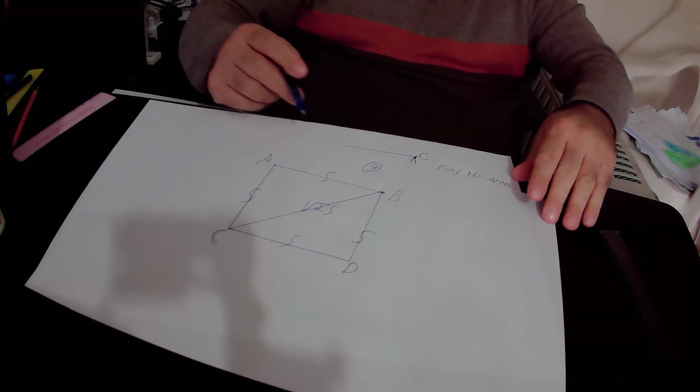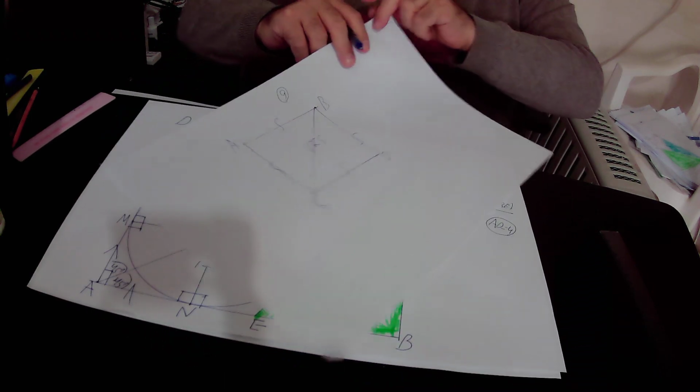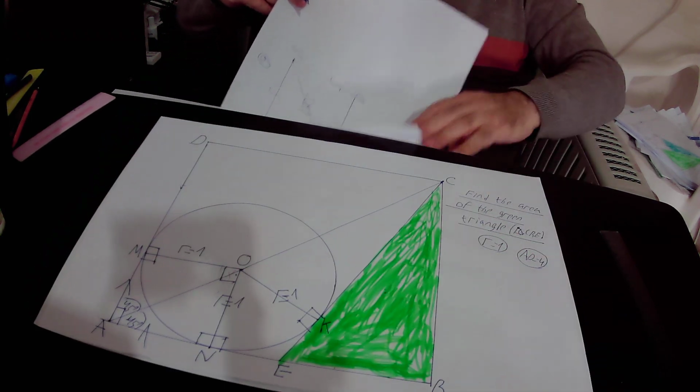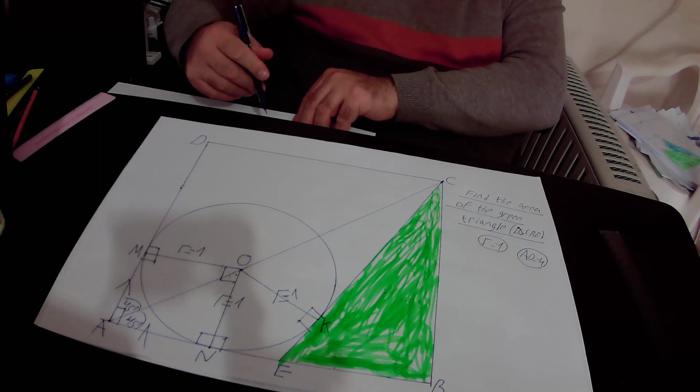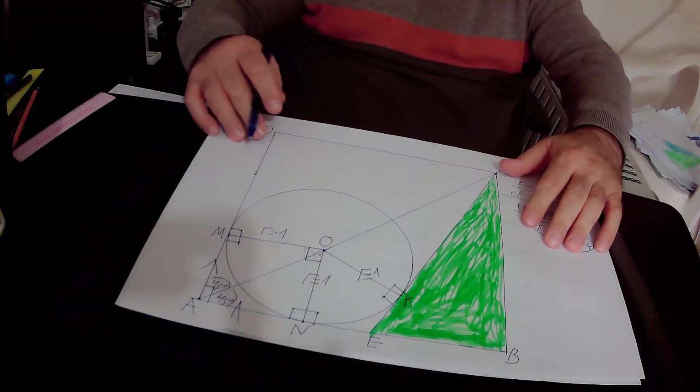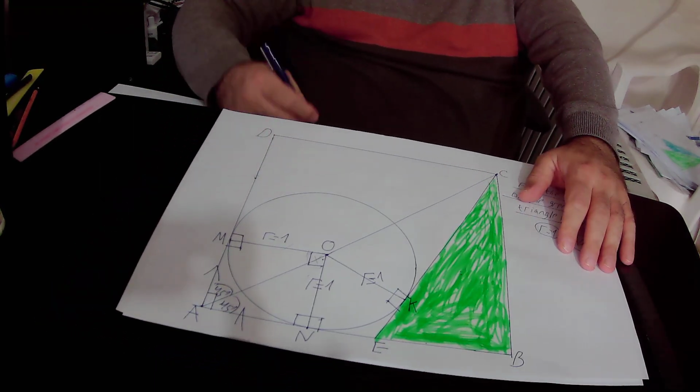Okay, so we can implement rule number 7 in our drawing because we have square MOAN.